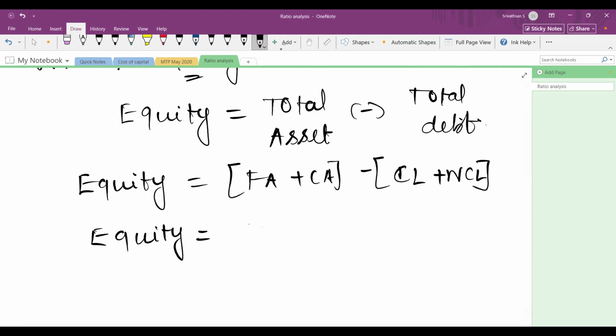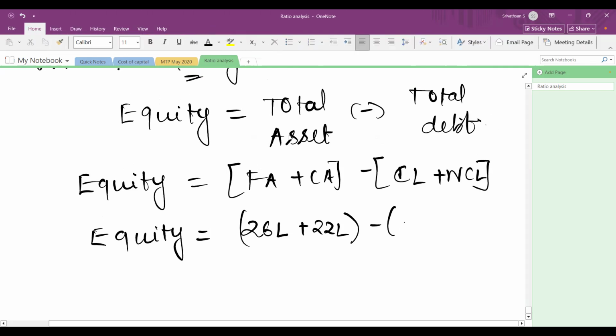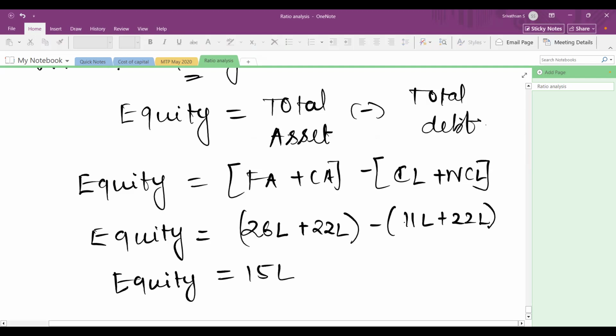Tell the amount. This is 26 lakh plus 22 lakh, minus current liability, which is 11 lakh, plus non-current liability 22 lakh. Equity, how much? Did everyone understand how we got these numbers?